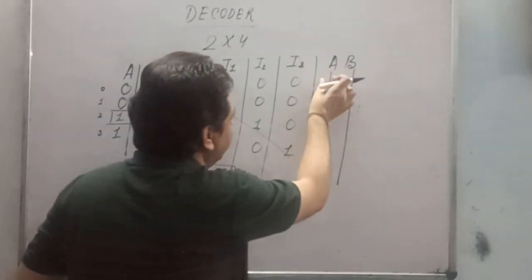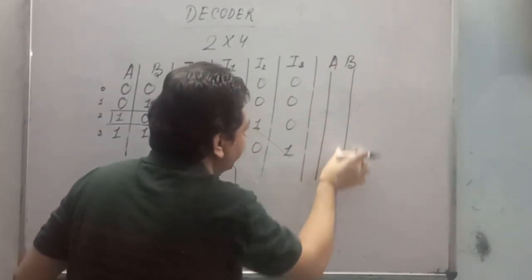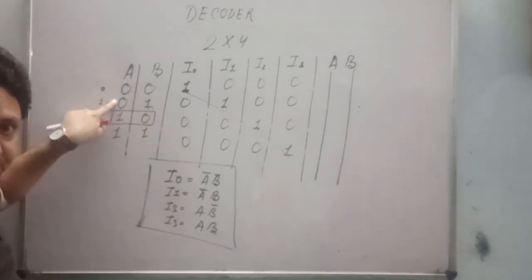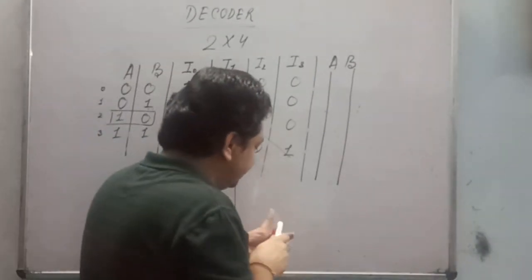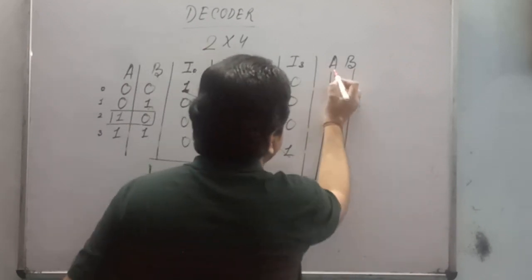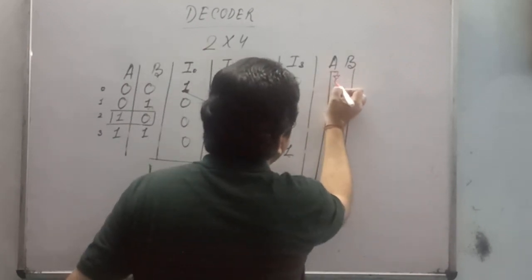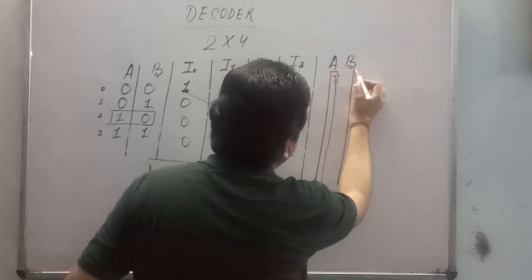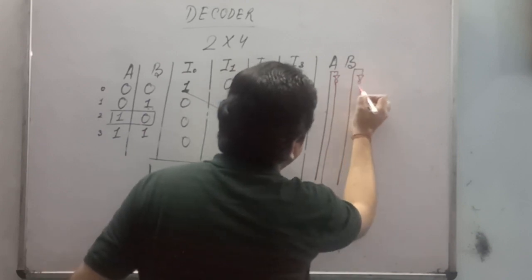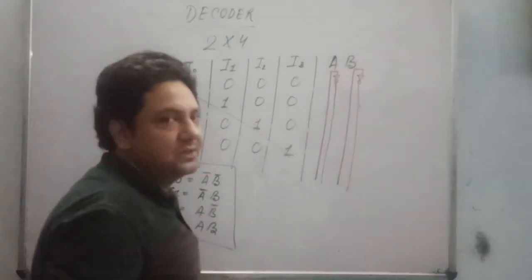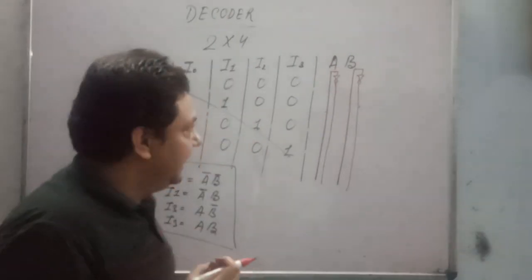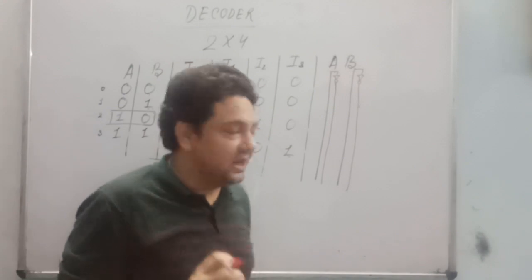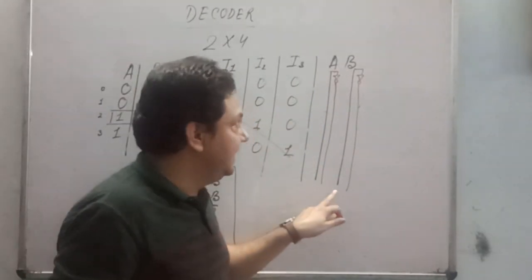This straight line indicates 1, but there are some zeros also. So for 0 I have to draw one more line with a NOT, and this is also with the NOT. The line which I have drawn in red color indicates the zeros. The line I have drawn in black color indicates the 1.